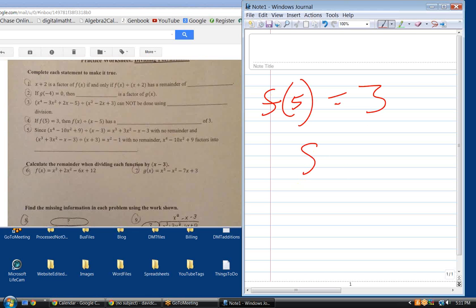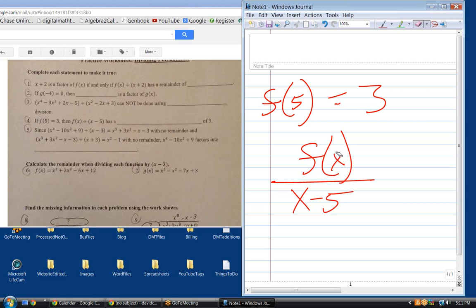So they're saying if I take f of x and I divide it by x minus 5, which would represent this solution, has a what of 3? Would it be a remainder? Yes. It certainly does not have a remainder of 0, which would make it a factor. In other words, this is not a factor of f of x.